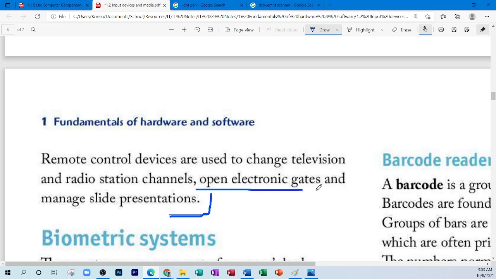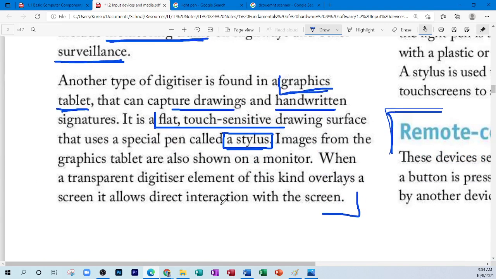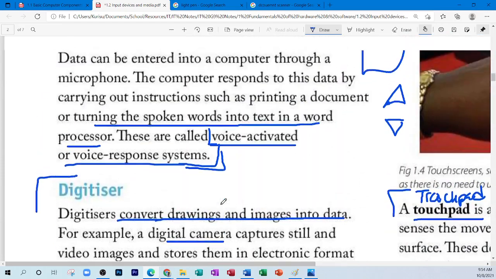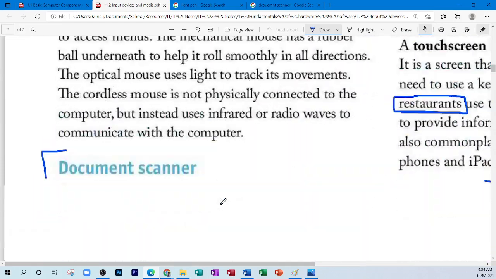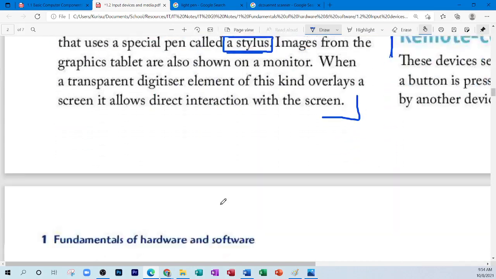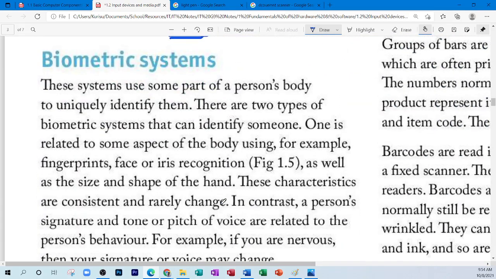For those who have the fancy gates, when you press the button on the remote, the gate slides open and you drive into the yard. Even some presentation software, when you press a button on a remote, it changes the slide on the screen. So remember, we're looking at manual input devices and how we have to physically operate all of these devices to transfer the data.